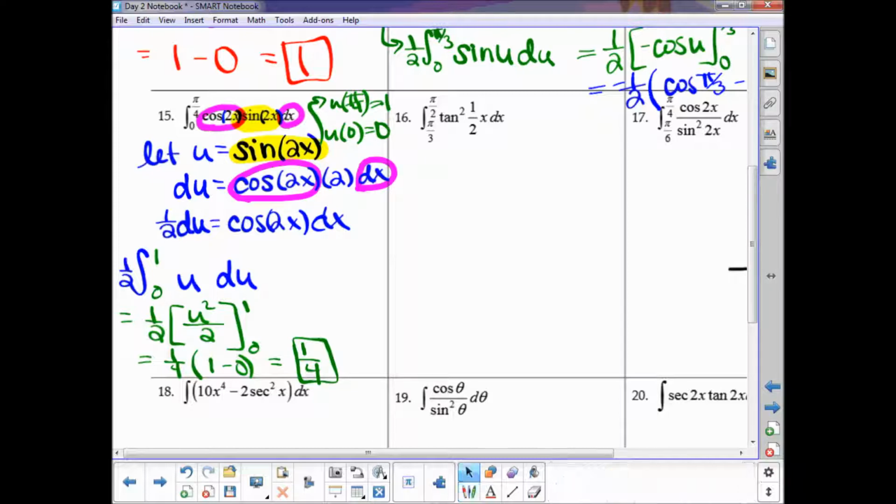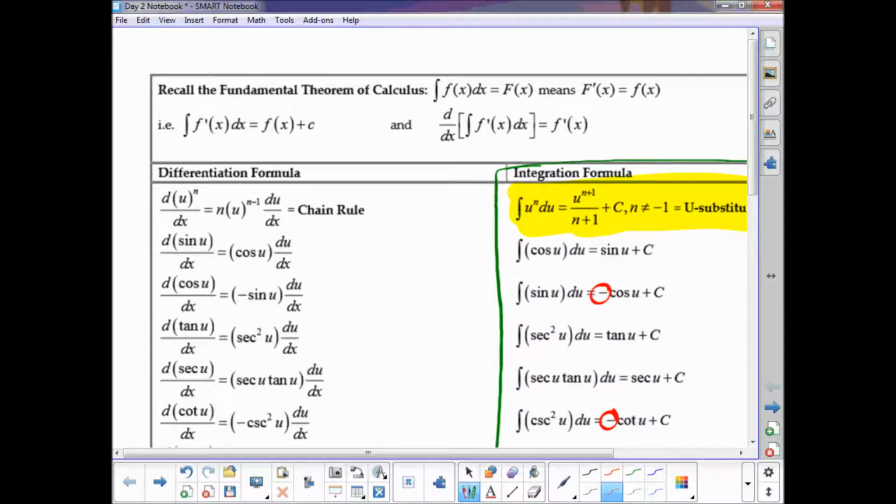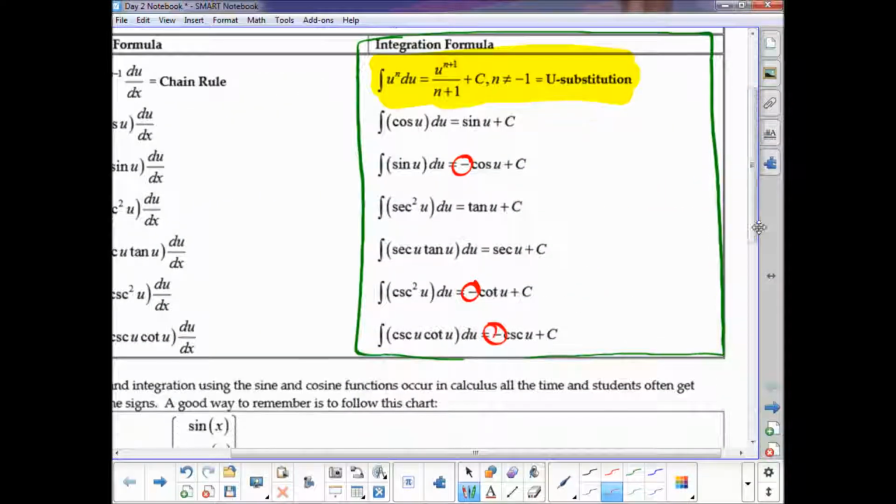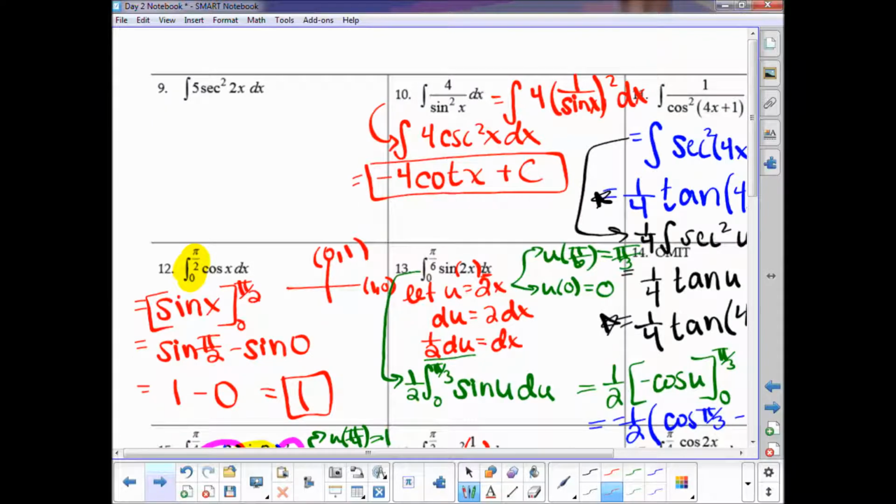Now my argument is 1/2 x, so there's something more than x, and we probably have to do u sub with that. Do I know an antiderivative of tangent squared? No. If we look back at that very first page, I don't see tangent squared anywhere. So we're going to have to do something before we can evaluate this integral.